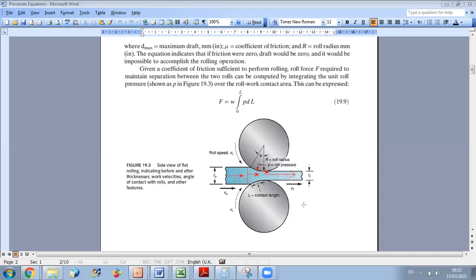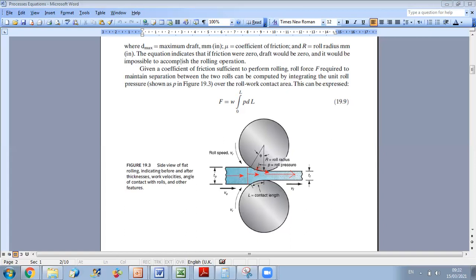Now, at this point I will not have slipping. At all other points, I will have slipping between the work and the roller.